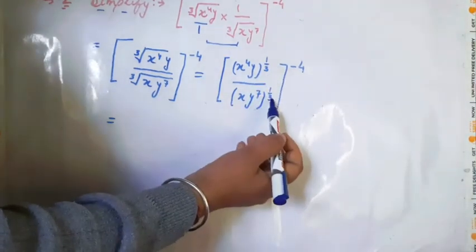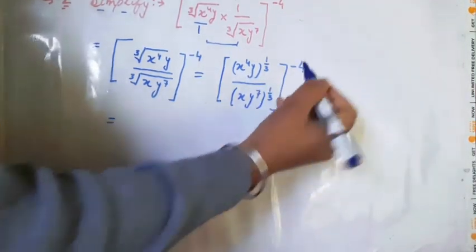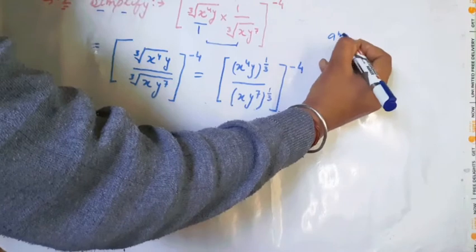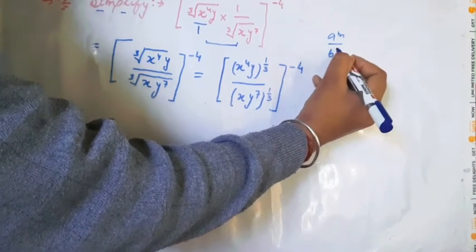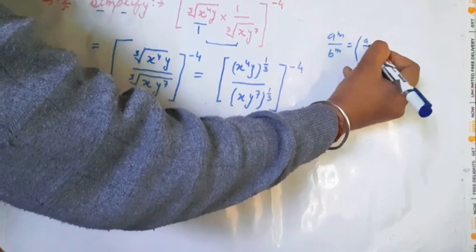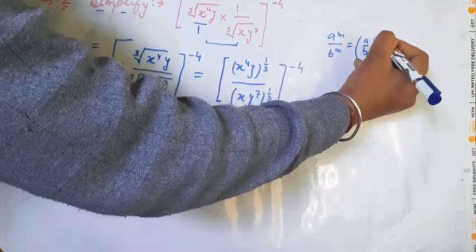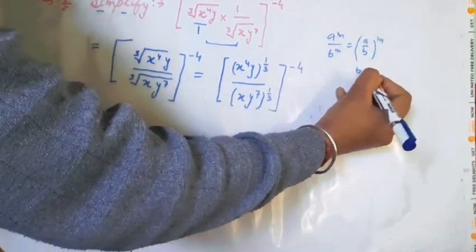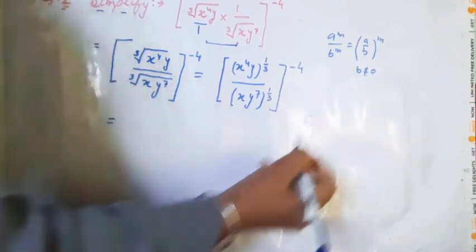Now here the power is the same, the bases are different. So we know that a raised to power m upon b raised to power m can be written as a upon b whole raised to power m, where b must not be equal to 0.